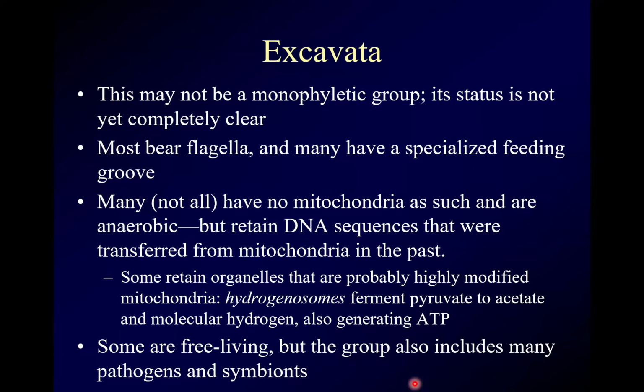So even the ones that don't have functioning mitochondria now are descended from ancestors that used to have them. Some excavates retain organelles that are probably highly modified mitochondria, things called mitosomes and hydrogenosomes.